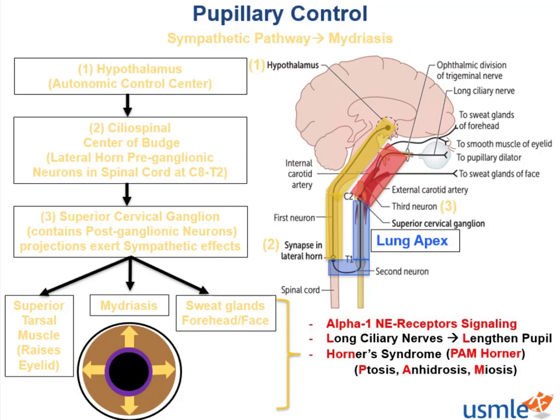Recall this is a 3-neuron pathway that has a relatively long course. So, disruptions along any part of this pathway can result in loss of sympathetic functions.